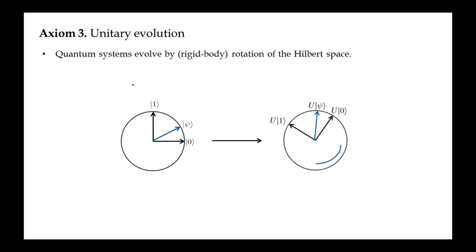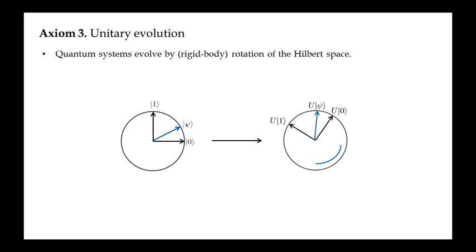What you can do is take the sphere and rotate it. That's what a transformation of the evolution of the system looks like. It's some rotation along some axis. And then what this rotation does is the state now evolves because of this rotation. Everything gets carried in some direction, and you get the new state of the system.